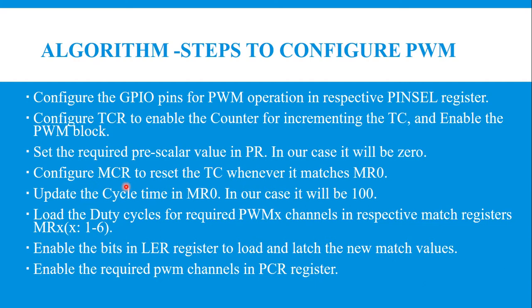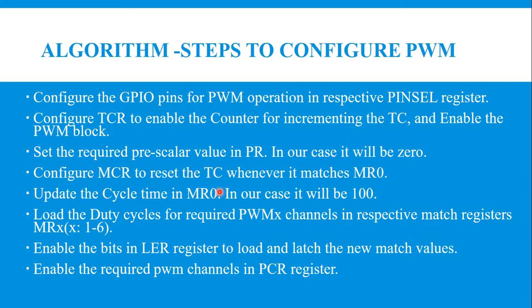Whenever the match occurs, the MCR is used to reset the timer counter when it matches with MR0. MR0 is the primary match register, which holds the maximum duty cycle time, T on plus T off, or maximum cycle time. The other match registers will give you the values of the duty cycle.